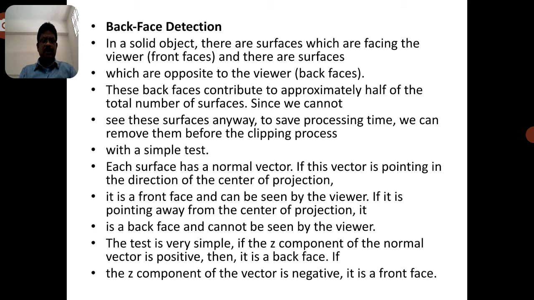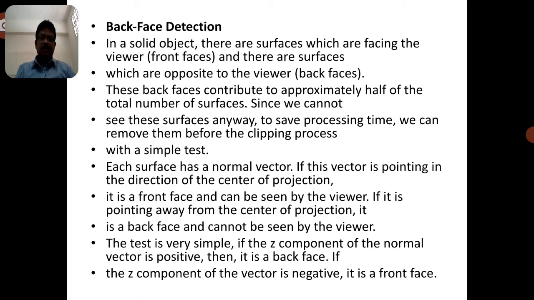If it is pointing away from the center of the projection, it is a back face and cannot be seen by the viewer. So we can view the front face of the image, but we cannot see the back face of the image.